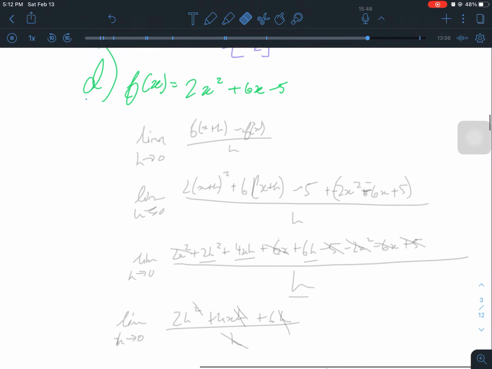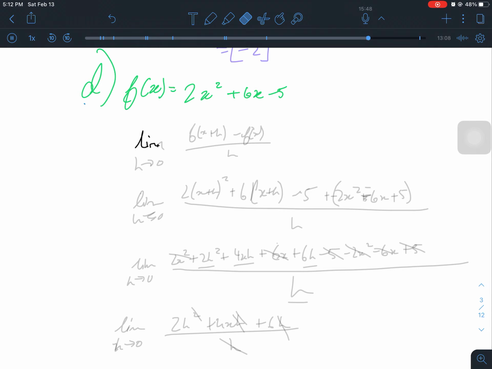Alright, let's move on to the last practice problem. Limit h approaches 0 of f of x plus h minus f of x over h.